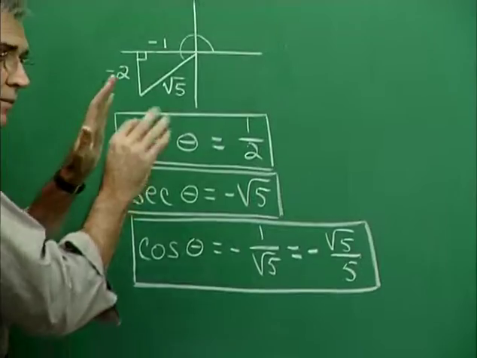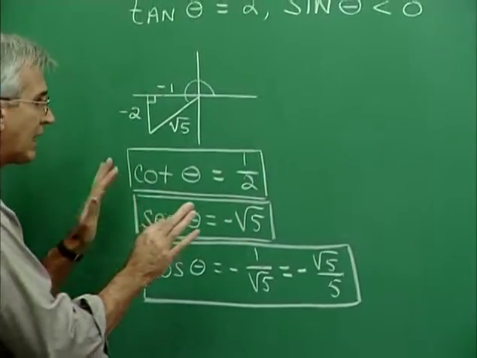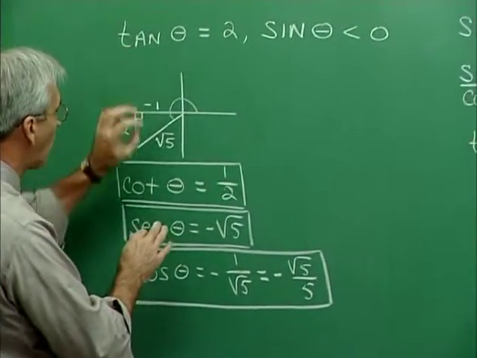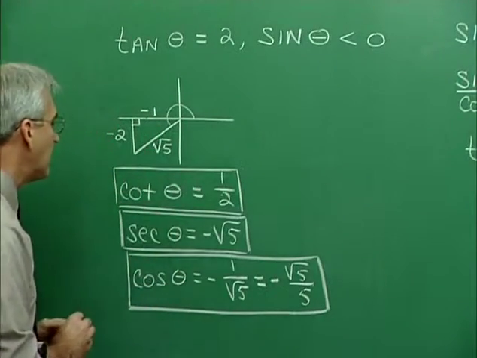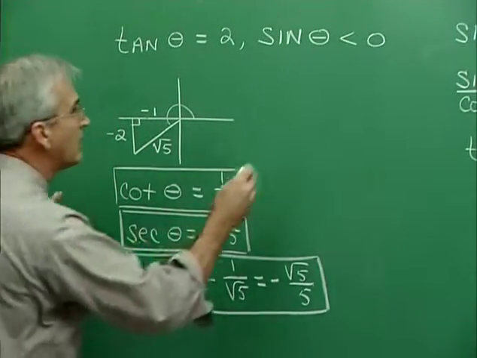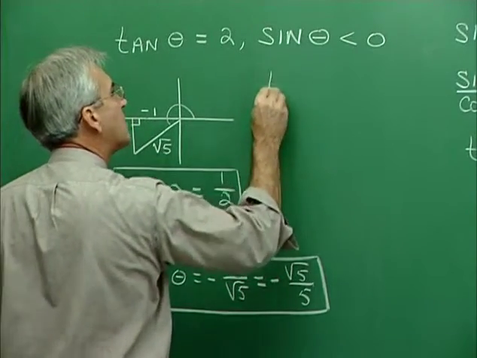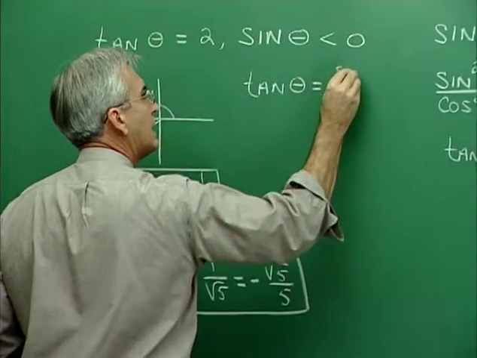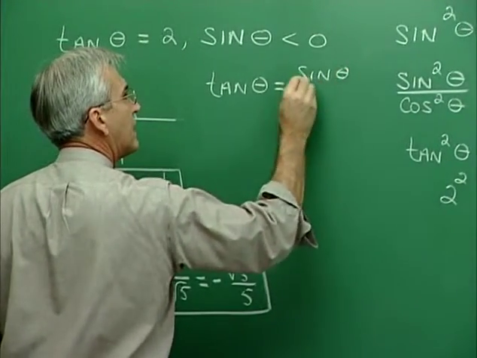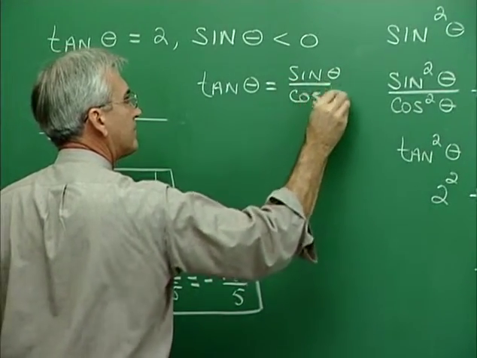All I need to do is come up with some kind of identity that involves one or two of these with sine or cosecant. And that's fairly easy to do. I can think, well, let's see, tangent is sine theta over cosine theta.